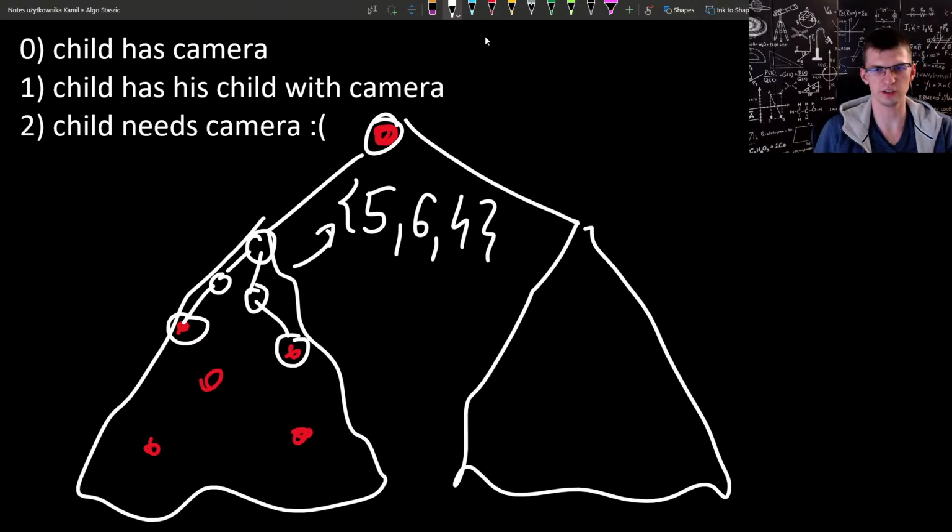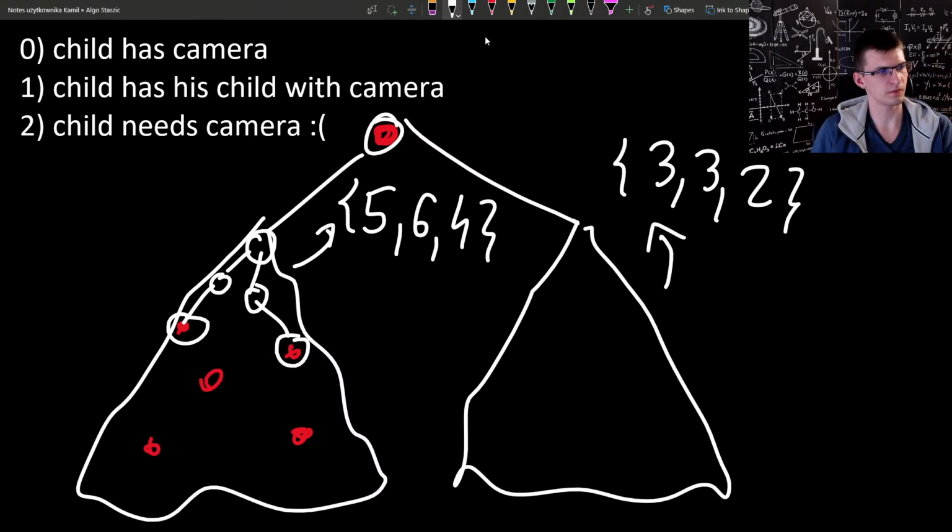This would mean that the best case where the child has a camera is with 5 cameras in total in this subtree, the best case for this one is 6 cameras, and for the last case the best is 4. Actually, this will be monotonic or something. I don't think 5, 6, 4 is possible. Whatever, just an example. Also, the right subtree will return some values, let's say 3, 3, 2. And we need to combine that from this root to return my 3 values.